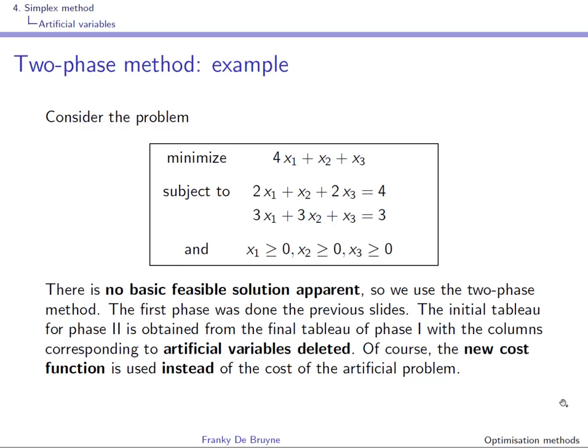Well, let us return to this linear program that we're trying to solve. Remember that in the first stage, as there was no basic feasible solution apparent, we introduced an artificial optimization problem, an artificial linear program that takes this form.